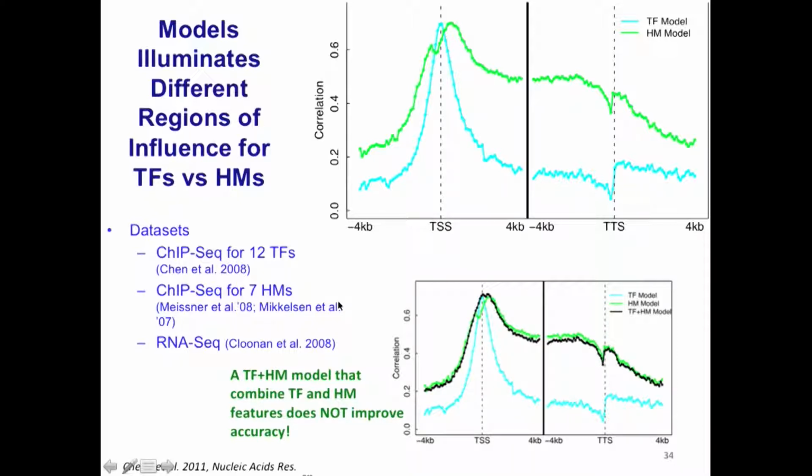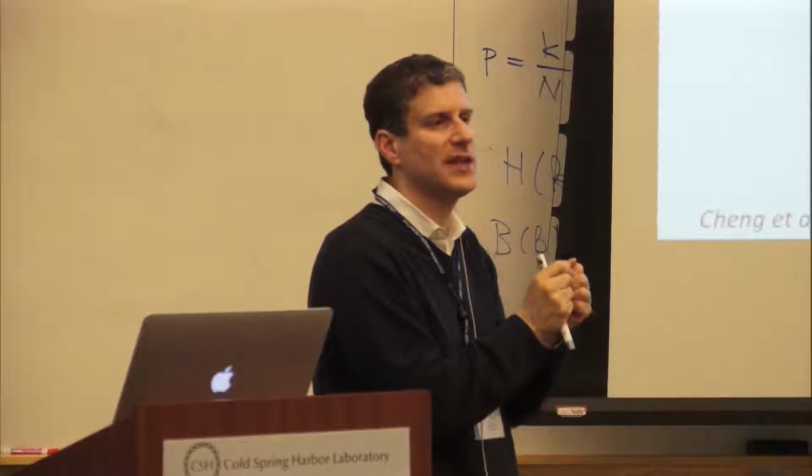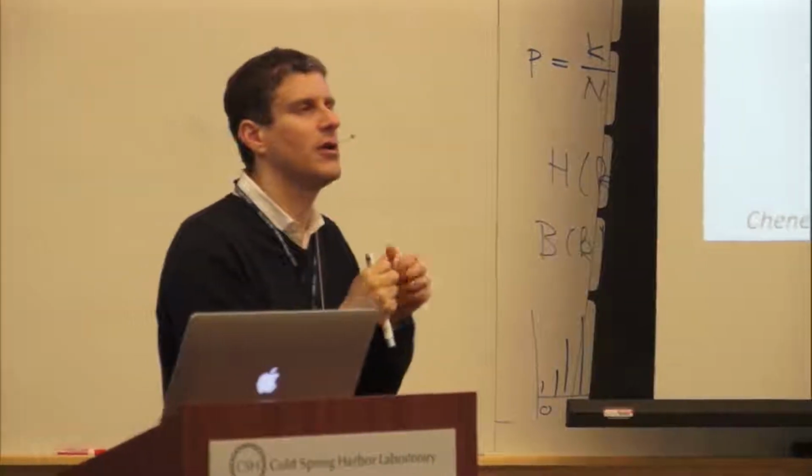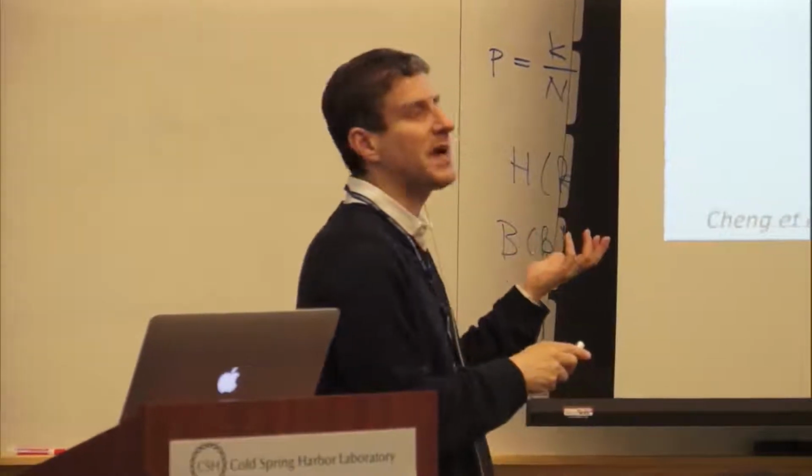So, for instance, here's the profile of how important each bin is for the TF model, this blue line. And you see it peaks very much at the TSS. So those little bins right around the TSS are the biggest contributors to the model. That's where, on average, the control box for the gene lives. That's where the most control over the expression of the gene lives, right here at the TSS, where you'd expect.